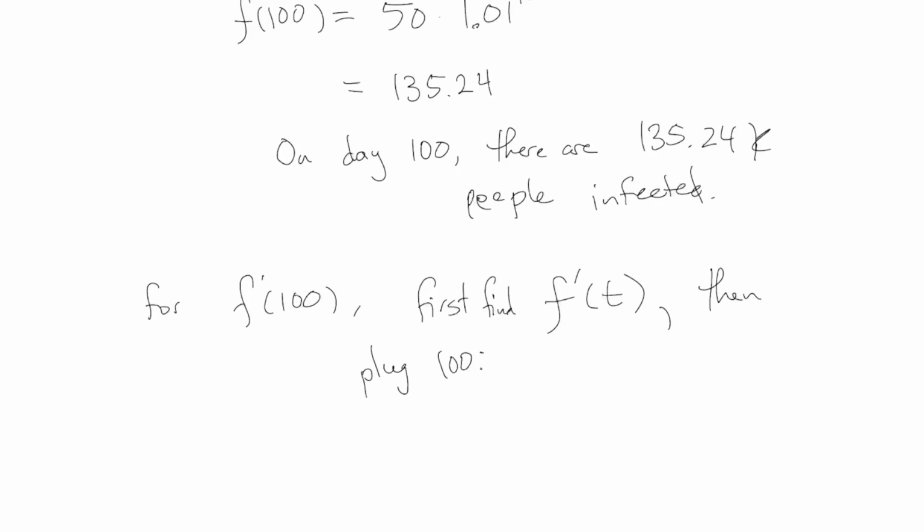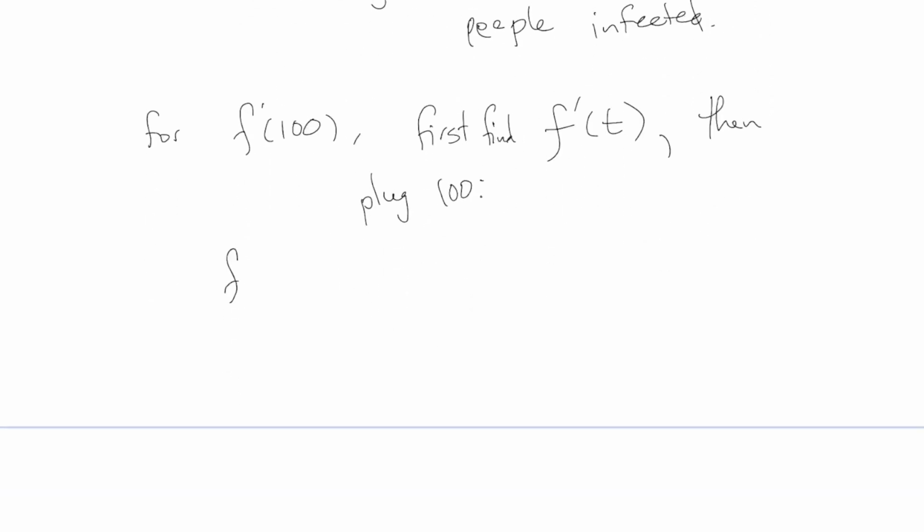I will remind us, f of t was 50 times 1.01 to the power t. The appropriate rule to use in this case is the one with the a, because it's not an e there. The base of this exponential function is 1.01. We're going to get a to the x times ln of a.